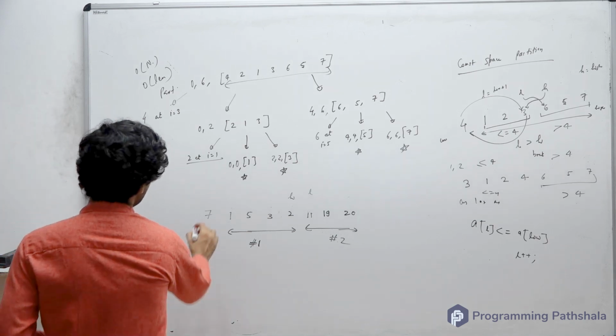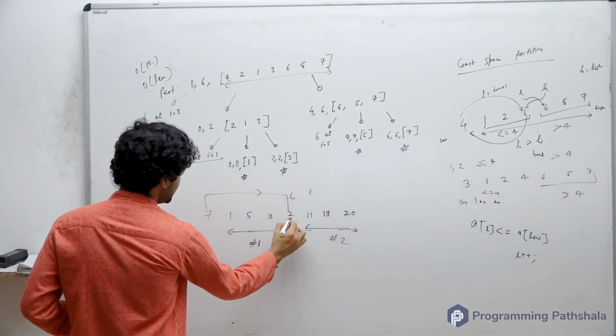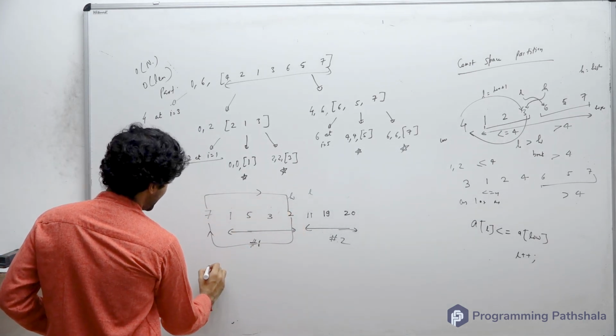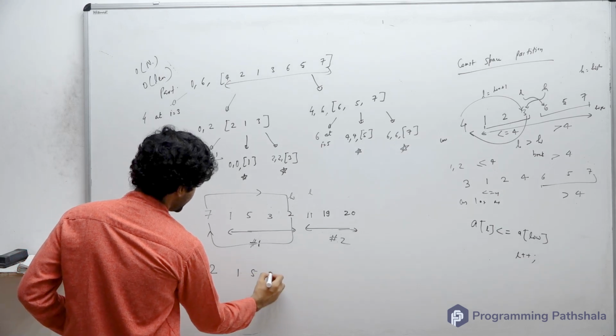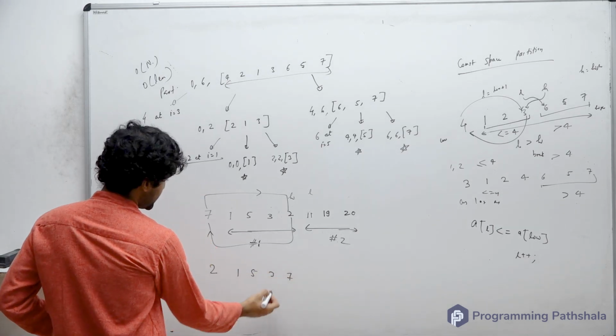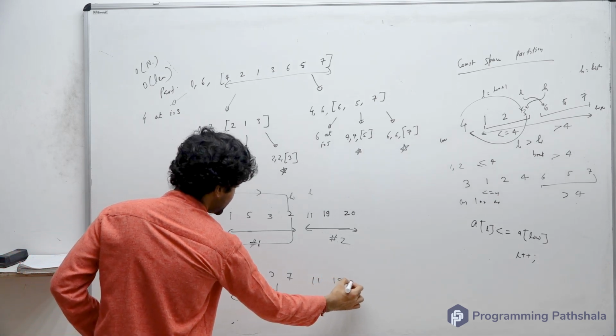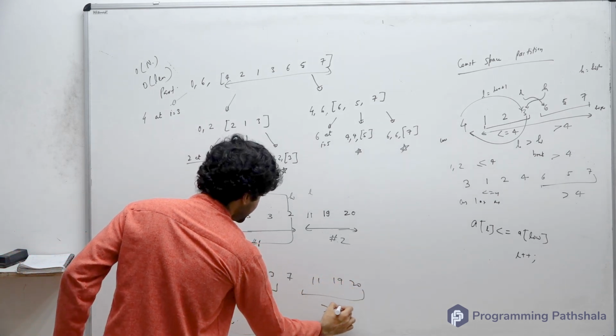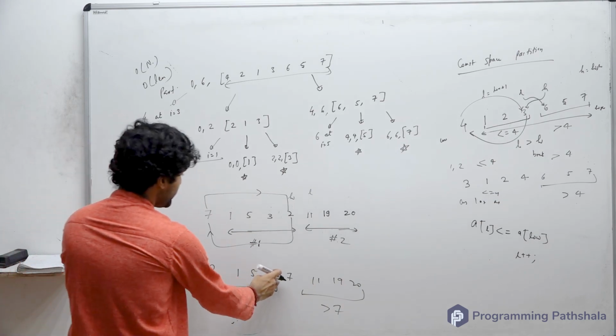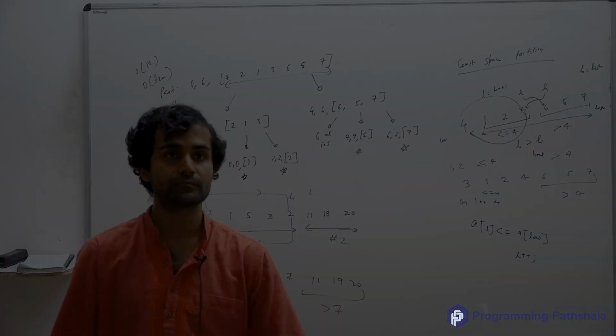So that way this 7 comes over here and this 2 comes over here. So you have 2, 1, 5, 3, 7. Okay. So everything in the left is smaller than equals to 7 and everything in the right is strictly greater than 7. And now you would recursively call for this and recursively call for this.